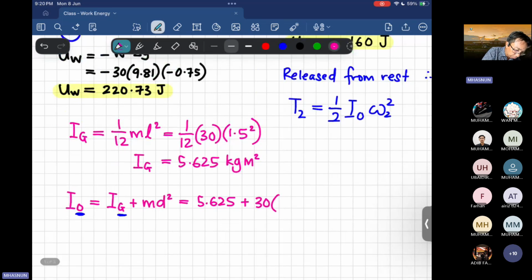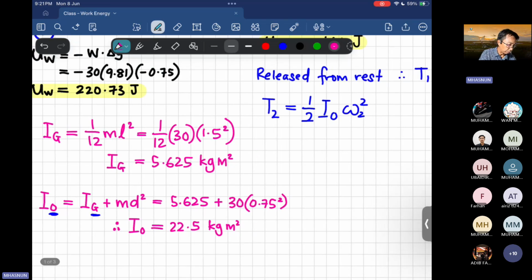We will write here 0.75. Do not forget there is a square here. Therefore we will get the value of I_O is equal to 22.5 kg meter square.